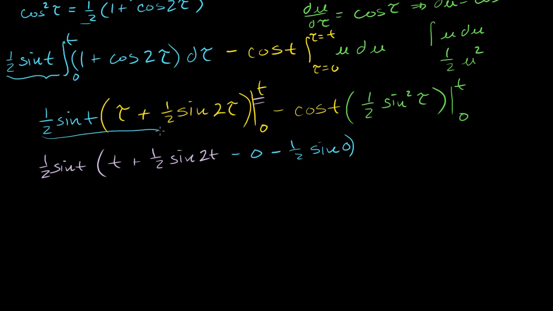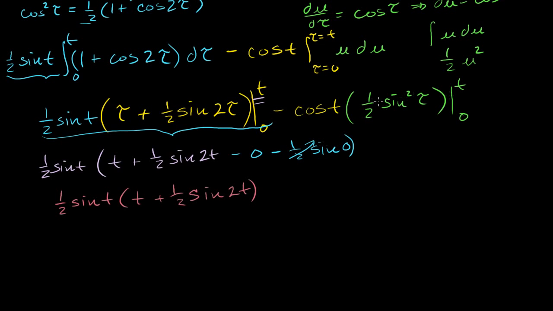So this whole thing right there, what does that simplify to? Well, sine of 0 is 0. So this is all 0. So this first integral right there simplifies to 1/2 sine of t times t plus 1/2 sine of 2t.